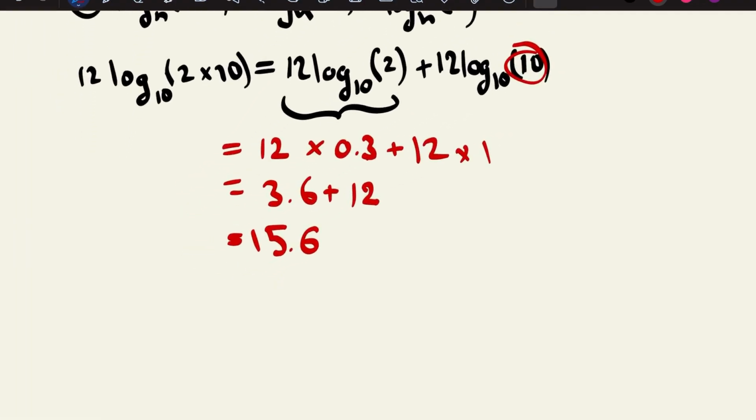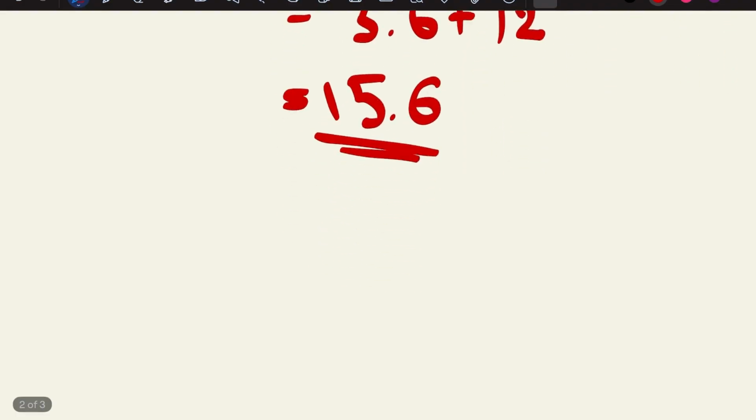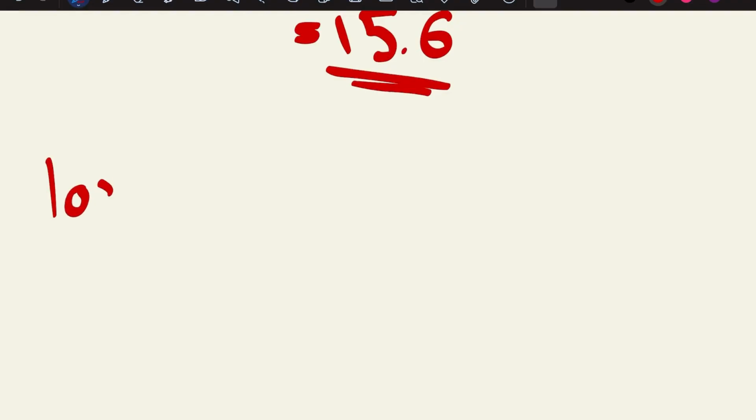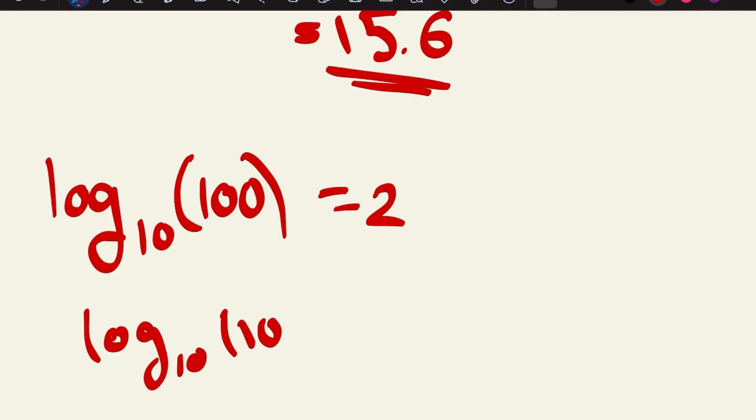But now something to note: this is not the end of our answer. Let me explain why we were using base 10 logarithm to find this. Basically, when you have log base 10 of 100, we get 2. Log base 10 of 1,000, we get 3.